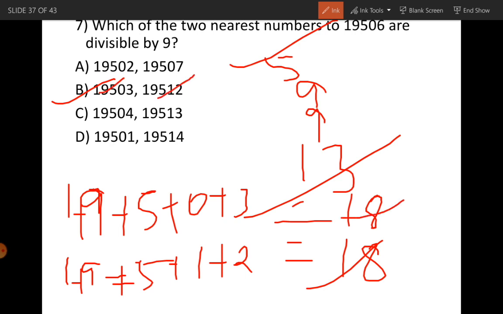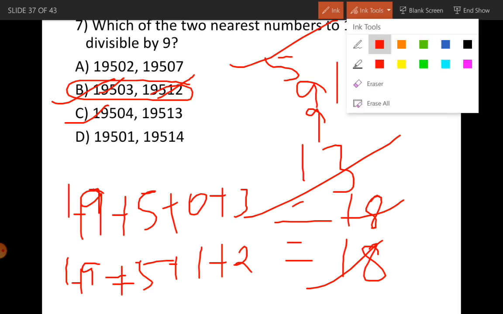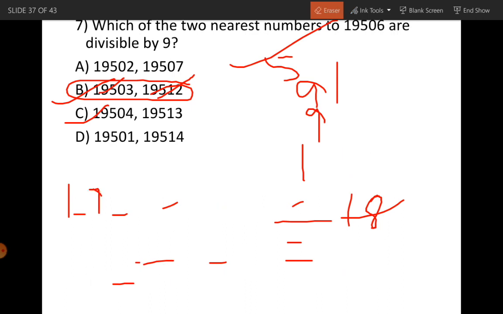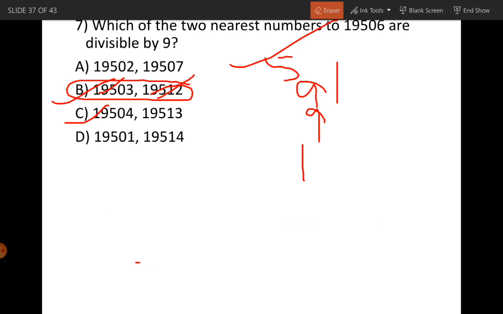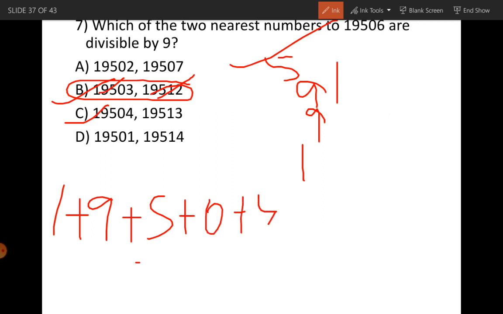Okay, and next is this one, C. We'll check this also. 1 plus 9 plus 5 plus 0 plus 4: 10, 10 plus 5 is 15, 15 plus 4 is equal to 19. 19 is not divisible by 9.